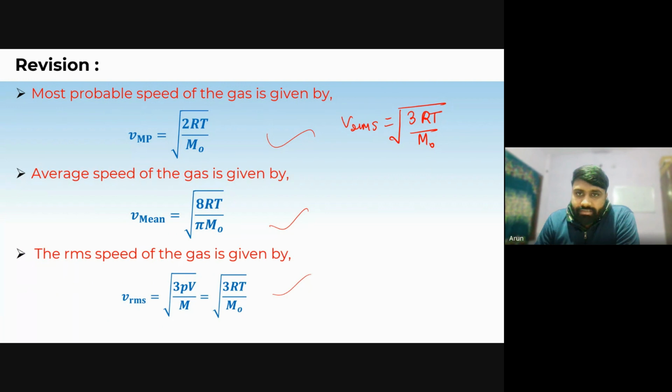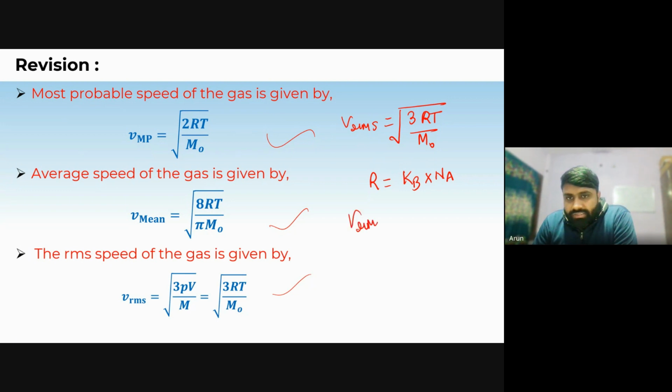Okay, so we can apply a relation. This R, the universal gas constant, is nothing but kB, the Boltzmann constant, multiplied by NA, which is Avogadro's number. So R can also be written as kB into NA.